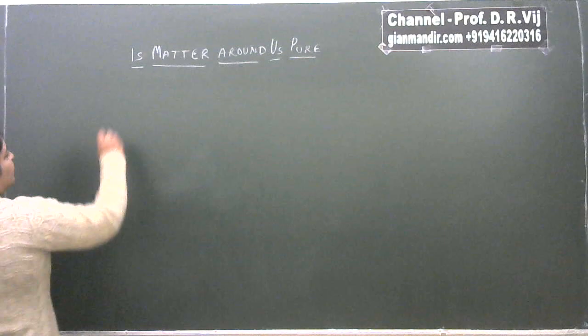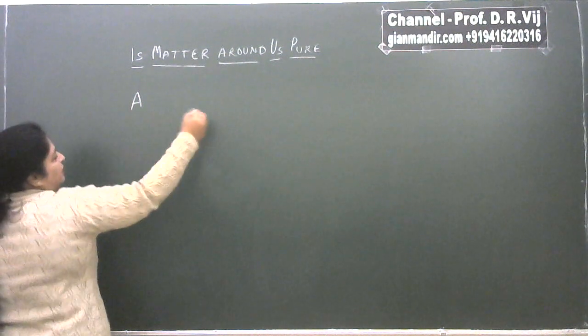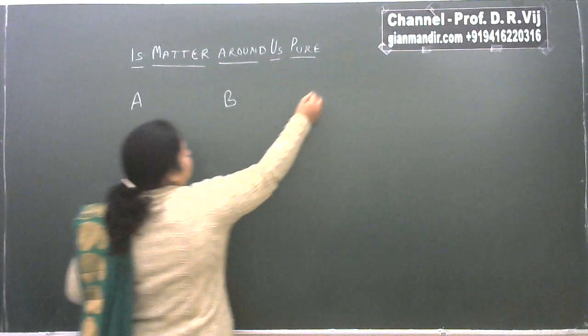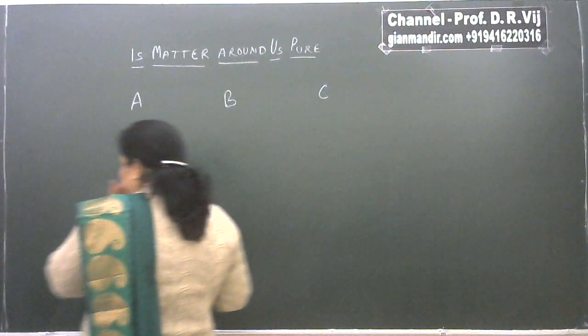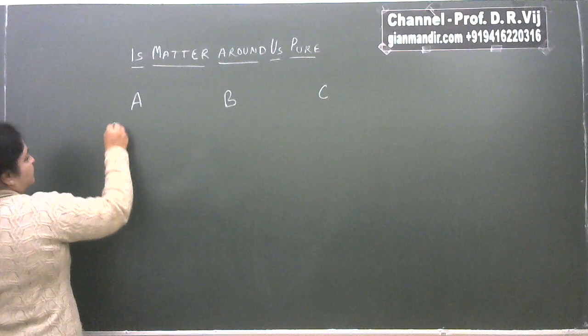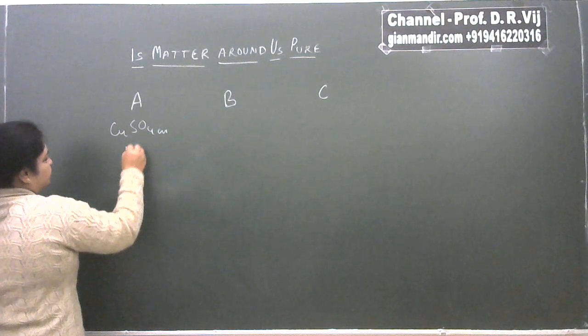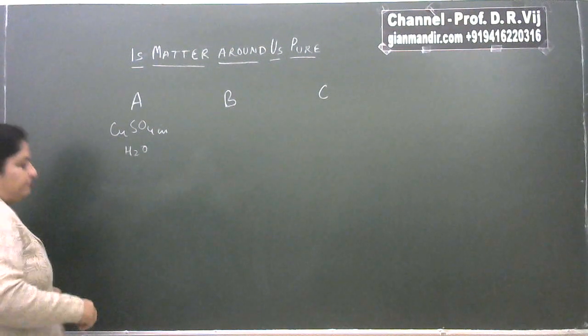So let's have a group of, say, 3 students: group A, group B and group C. Group A is said to dissolve a few crystals of, say, copper sulfate in water.